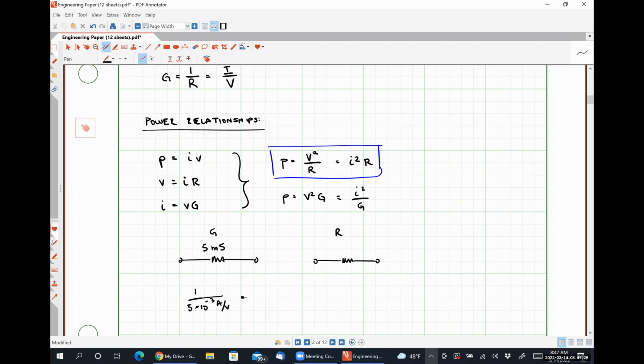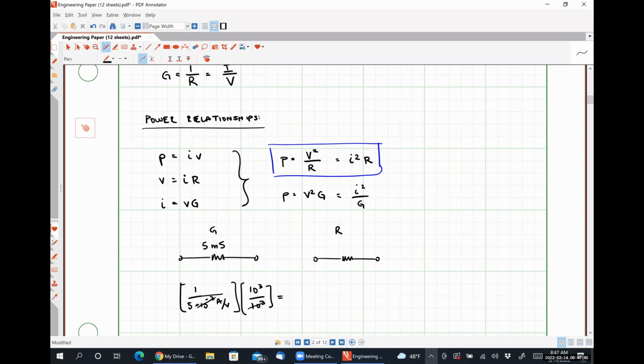Let me erase this real quick. I'm going to multiply by 10 to the 3 over 10 to the 3, which is just a fancy way of writing 1. So I have 1 over 5, which is 0.2 times 10 to the 3, or 200. And then I have 1 over amps per volt, which is the same as a volt per amp, or an ohm. So a 5 millisiemens conductance is the same as a 200 ohm resistance.